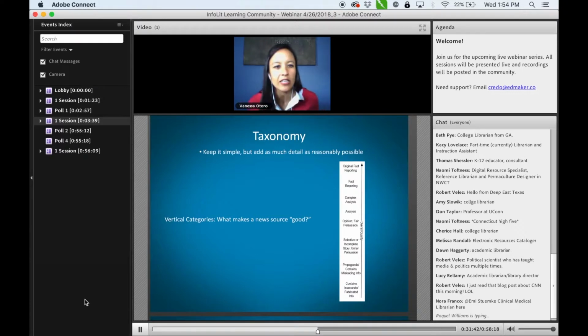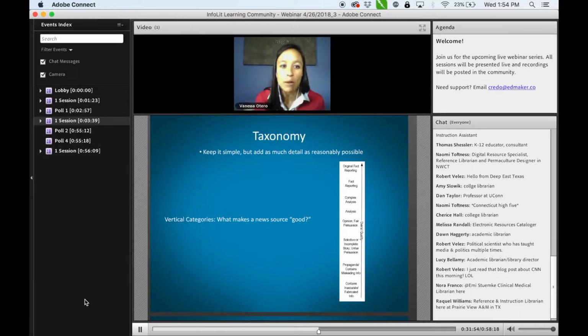Now, this doesn't necessarily account for mistakes because all journalism organizations make mistakes, including very, very good ones. And usually the ones that make mistakes, the good ones, they get hammered for it and they apologize. So that's a big distinction between sources that are in this contain inaccurate and fabricated info column. It's that they regularly, or even more often than is permissible, publish inaccurate information and don't retract it. They don't apologize for it later.